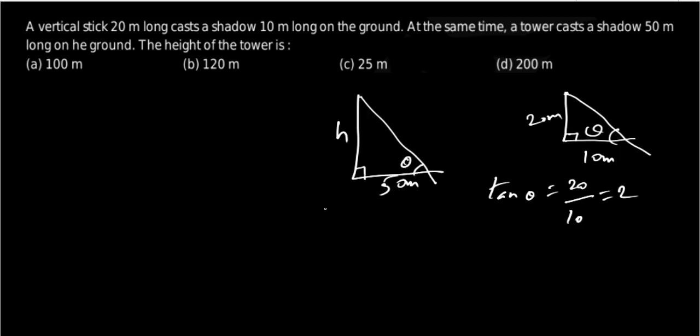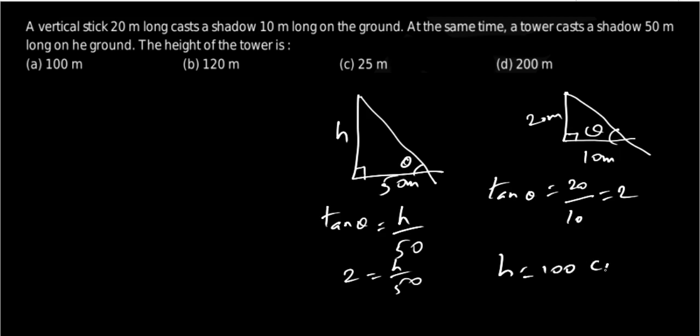So tan theta is opposite side by adjacent side, h by 50. We know tan theta is already 2. So 2 equals h by 50. That means h is equal to 2 times 50, which becomes 100. So 100 is the height of the tower.